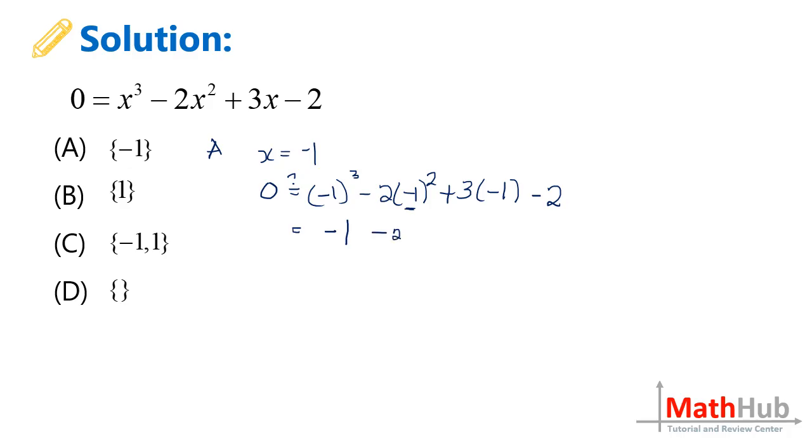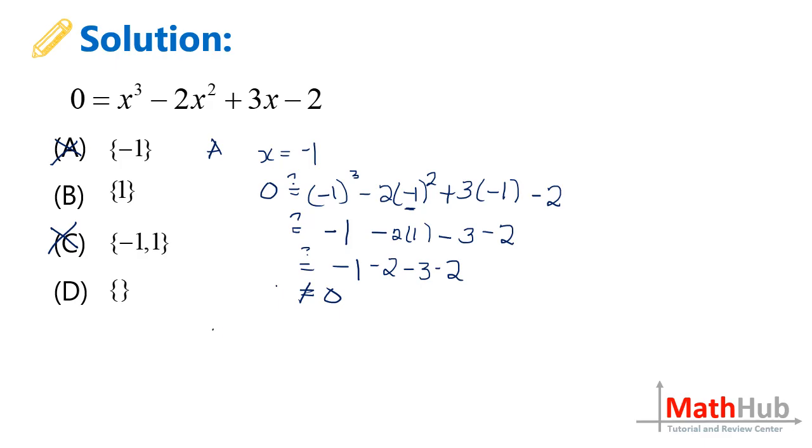So you have minus 2 times 1 minus 3 minus 2. So that's -1 minus 2 minus 3 minus 3. Even if I don't continue, I know that they are not equal. This is not equal to 0. So -1 cannot be part of the answer. Hence, we can easily eliminate A and C.